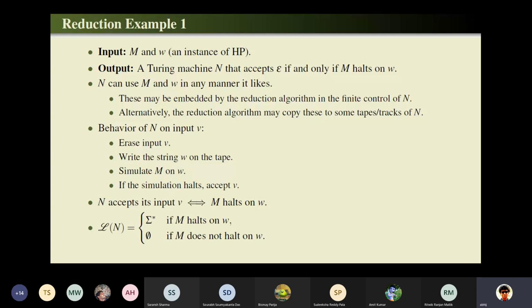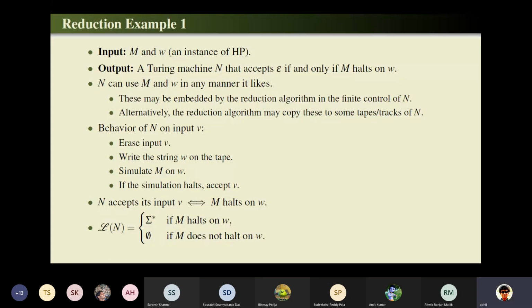In particular, if M halts on W, then whatever that input V is, it is going to accept. Not only epsilon, everything. That doesn't matter, because the question is about the acceptance of epsilon, and whether other strings are accepted or not is not part of the question. We don't care. So if M halts on W, N accepts everything, so its language is sigma star.